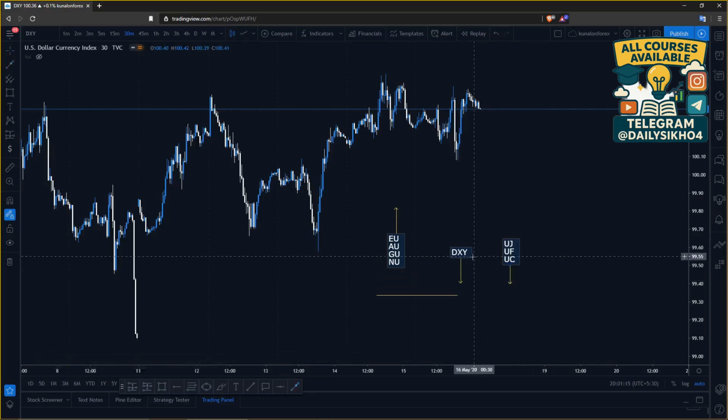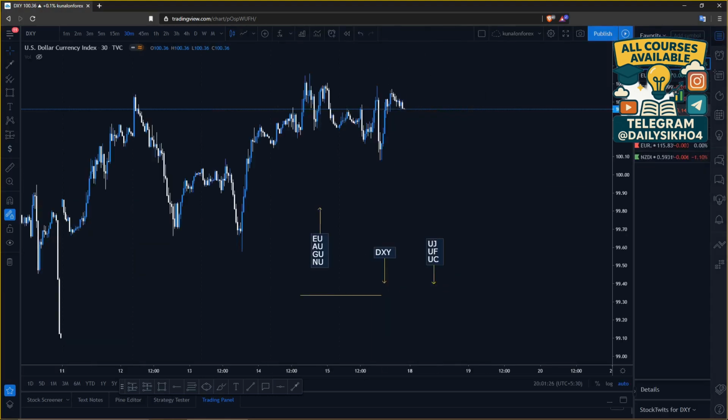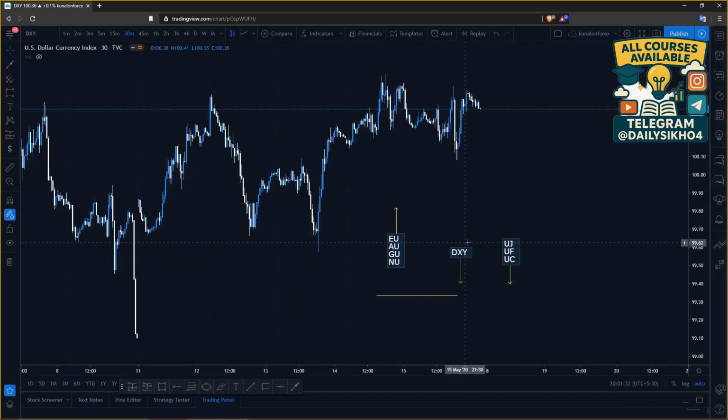So this is a positive correlation between DXY and these three, and a negative correlation between DXY and EU, AU, GU, NU, and NZD USD. Alright, that's pretty much cleared, guys, but I highly recommend you all to check DXY when you're dealing with Euro USD and USD CHF, because that's the powerful correlation.